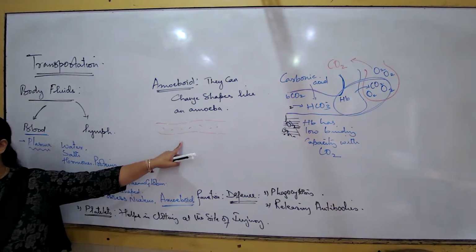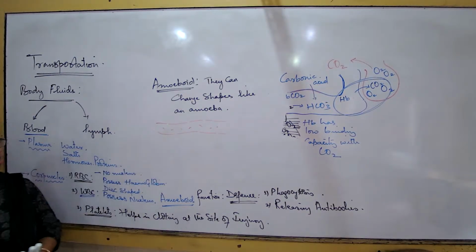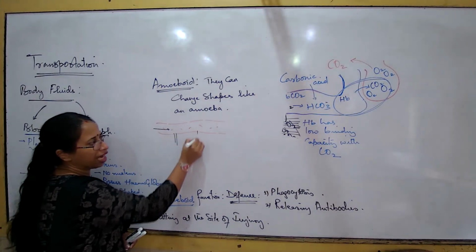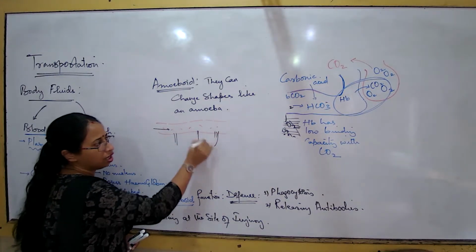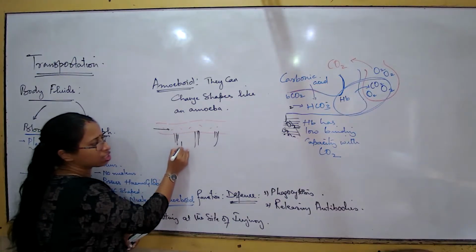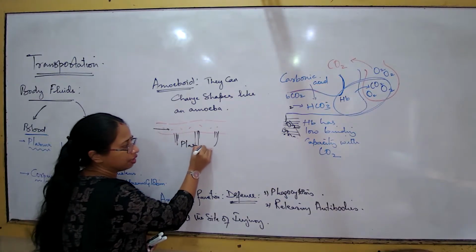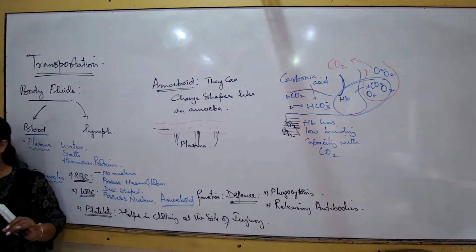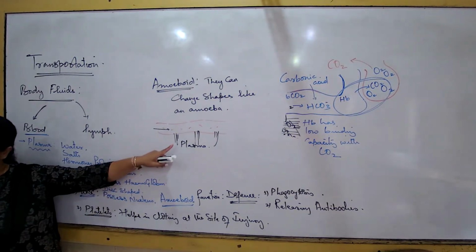What is plasma? The liquid part of the blood. So since the blood is moving at a great force, only a small amount of the plasma will leak out. The cells will not come out. The cells are not squeezing out at all. They are not oozing out at all. Because small pores are there, only the plasma.